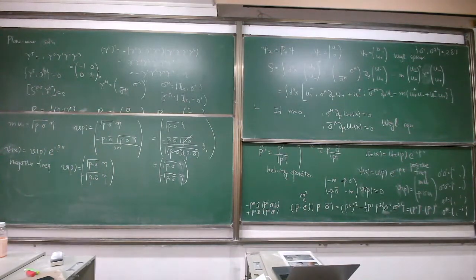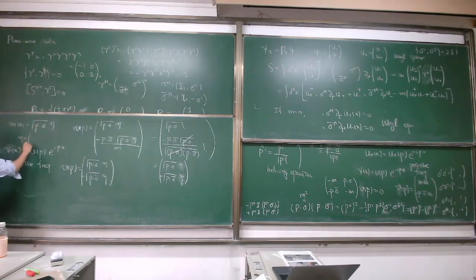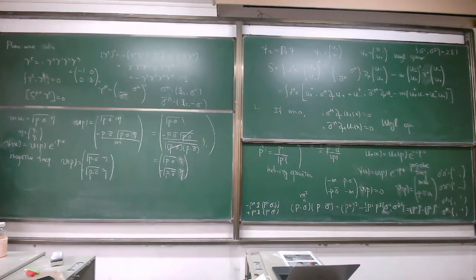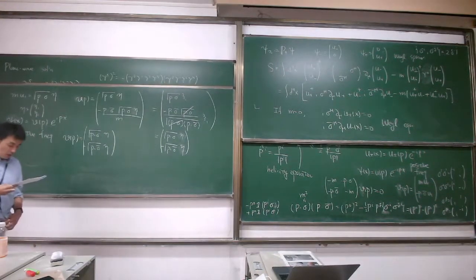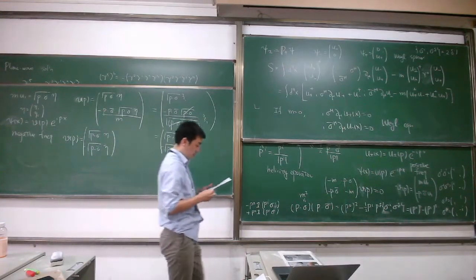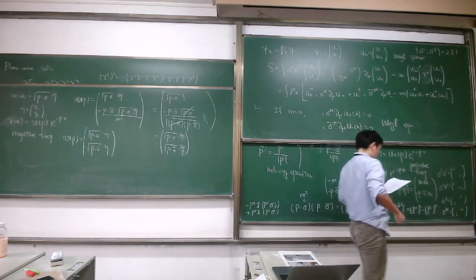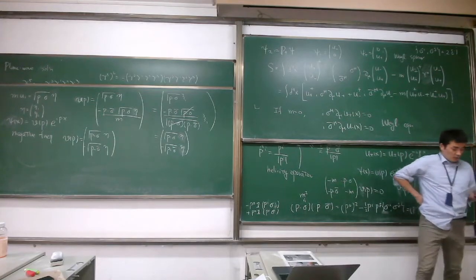Do you agree with me? Is it okay? And a dagger is essentially just spin up and spin down, so either a dagger 1, a dagger 2, two components here. Can be understood. Any question at this moment?